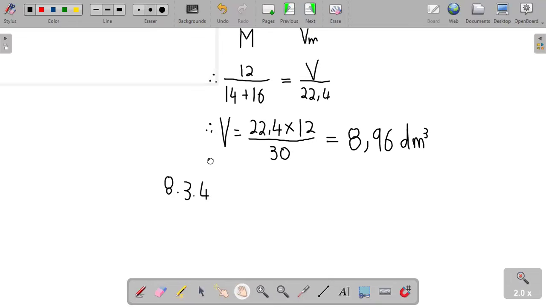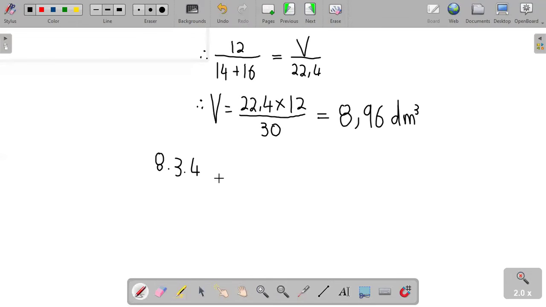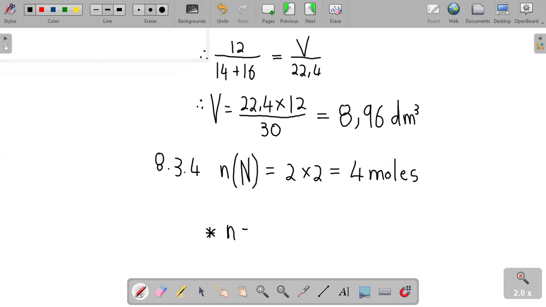we have to find the number of moles of what? Of nitrogen atoms. So the number of moles for nitrogen is going to be 2 multiplied by 2, which is going to be 4 moles. This is for nitrogen. Okay. And then we can say n equals N over Na. Na is a constant.